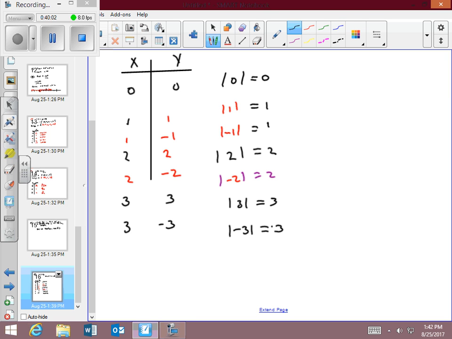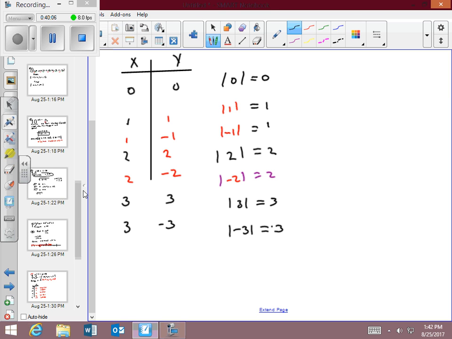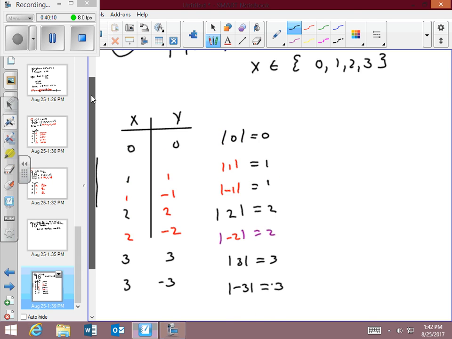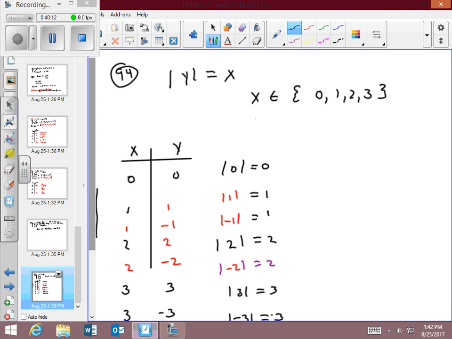So y can be an element of 0, 1, 2, 3, minus 1, minus 2, minus 3.